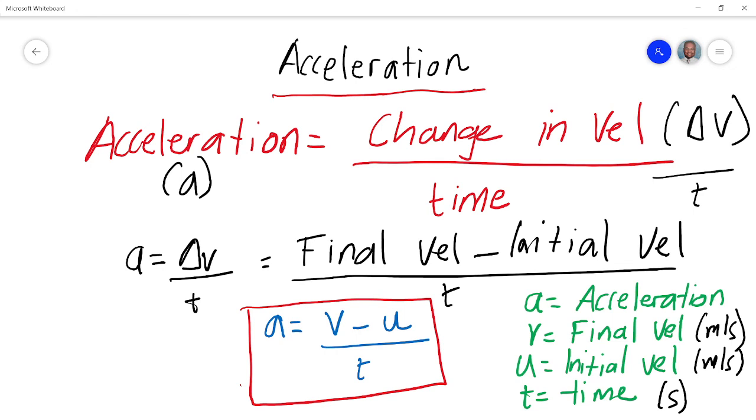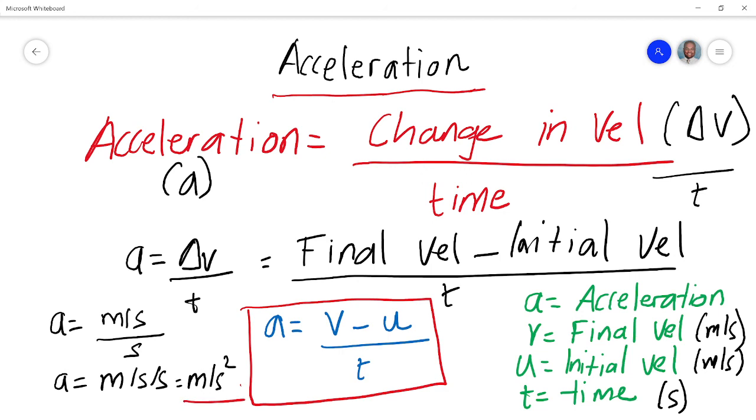We've got final velocity minus initial velocity, so the unit is meters per second, divided by time, which is seconds. When you get meters per second divided by second, a becomes meters per second squared. Therefore, folks, the unit of acceleration is meters per second squared.